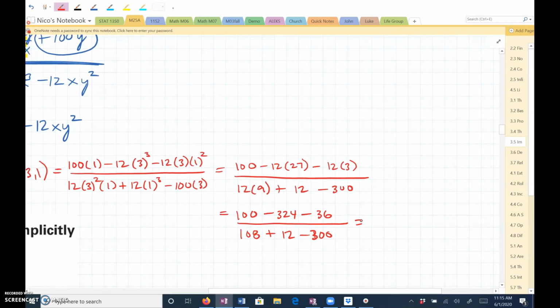So this would end up being 100 minus 324 minus 36, that's going to be negative 260. And 108 plus 12 minus 300 is going to be negative 180. So this would be negative 260 over negative 180. So this is going to end up being 13 over 9.